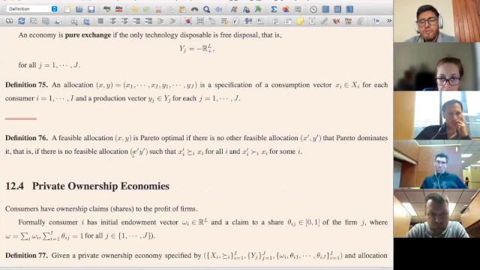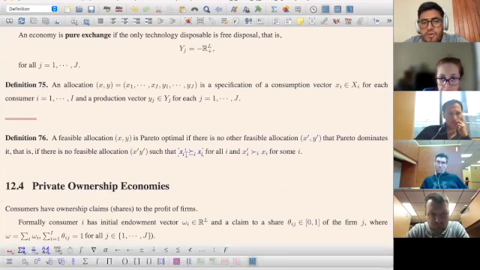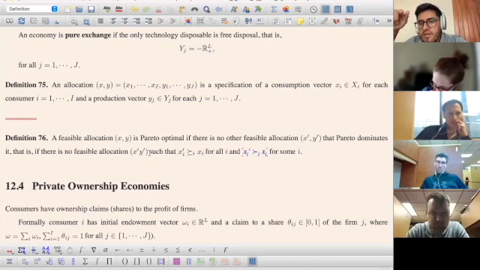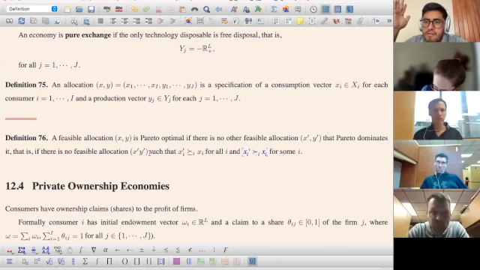That is, there is no other feasible allocation X prime, Y prime such that it is weakly better for all consumers and strongly better for one consumer. The only thing that you can see here is that the Y is not entering directly in the preference part. The only thing that Y is doing is changing what is feasible and what is not.